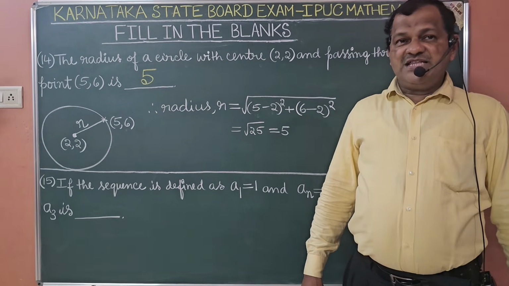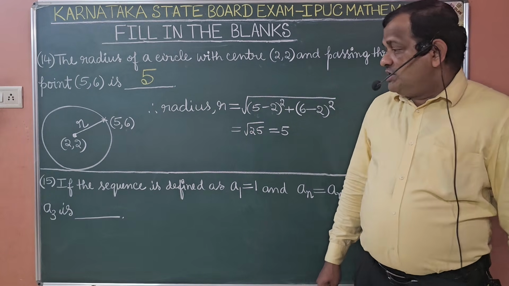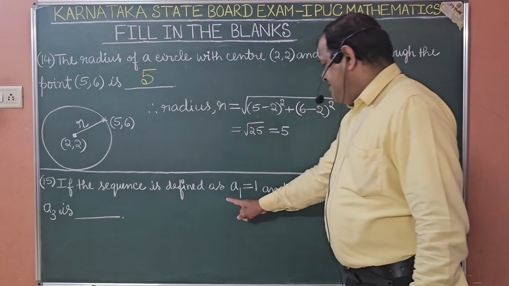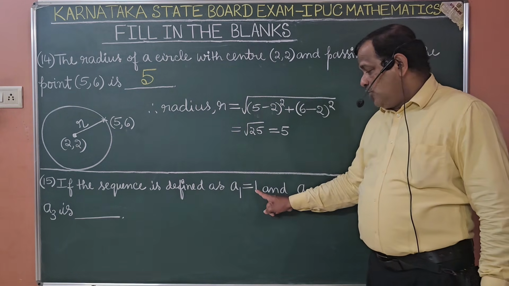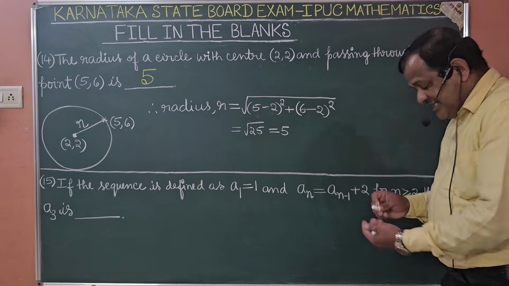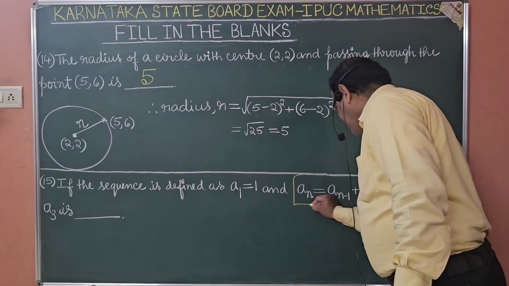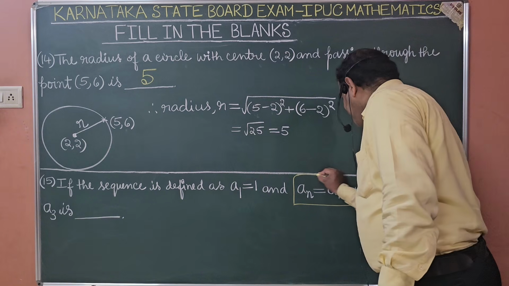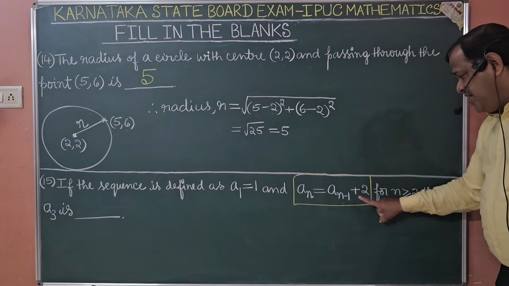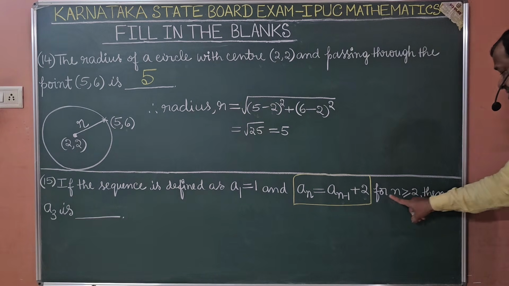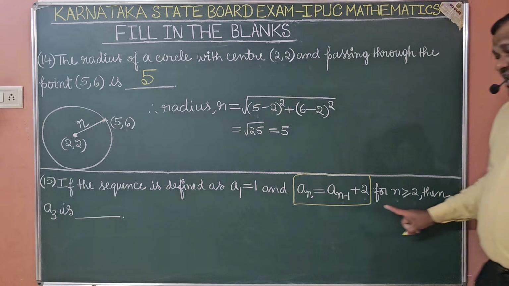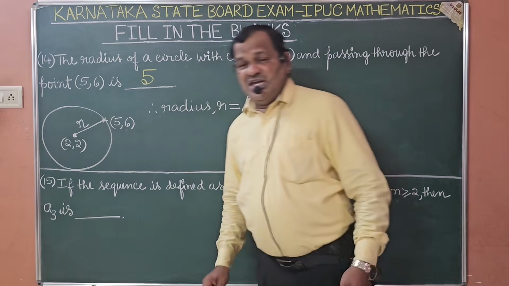Here is the 15th fill in the blank from the chapter Sequence and Series. If the sequence is defined as a suffix 1 equal to 1, that is the first term is given, and a suffix n, the nth term, is given as a suffix n equals a suffix n minus 1 plus 2, for all n greater than or equal to 2, then they are asking the third term, a suffix 3.